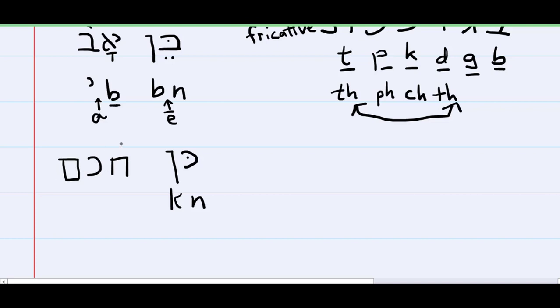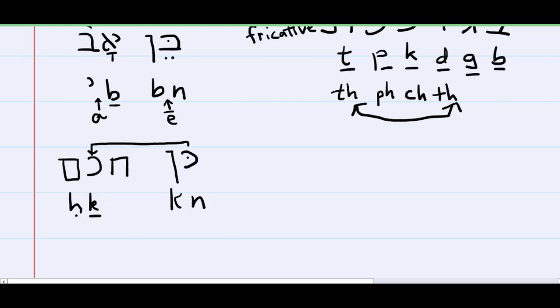Chakham. So this is the one we're thinking of here. We're going to contrast this with that consonant there, right? They're both the same kaf, but this one has the dot, which means the K has no line under it. But here the kaf is going to be represented by a K with a line. Minus dot, plus line. The chet, of course, has to go before, and it takes a dot underneath it.